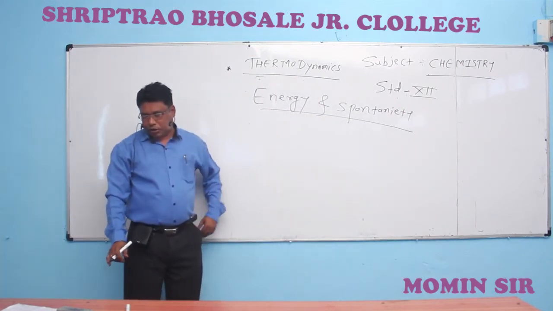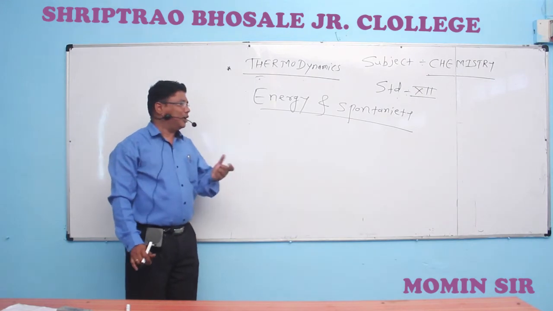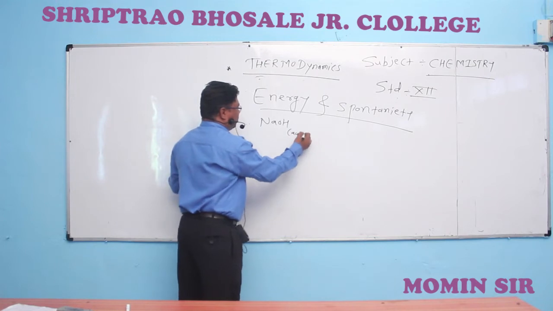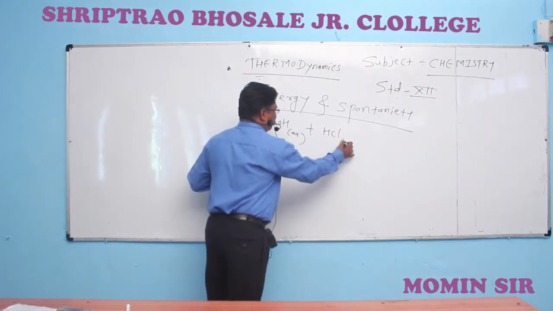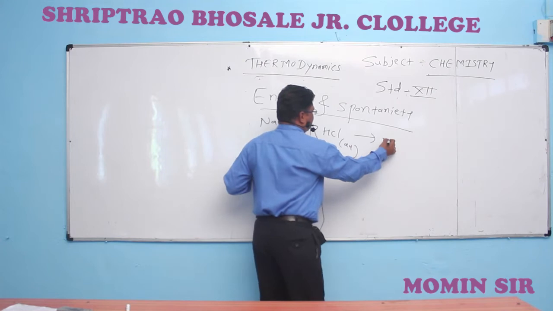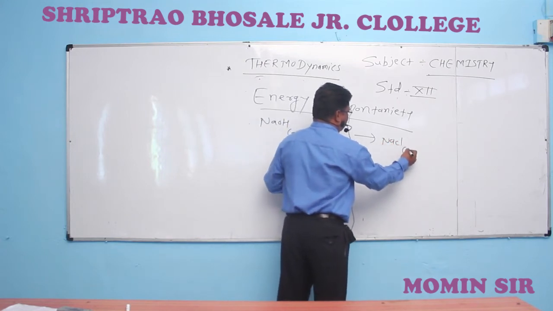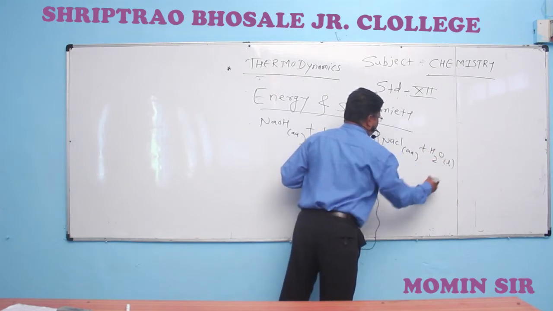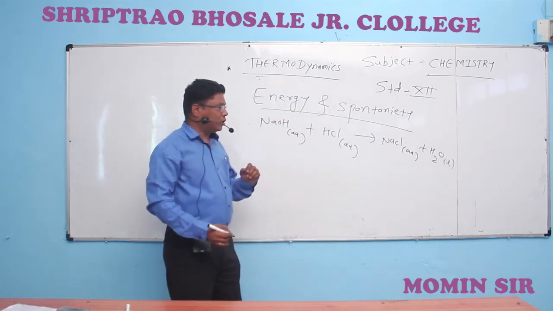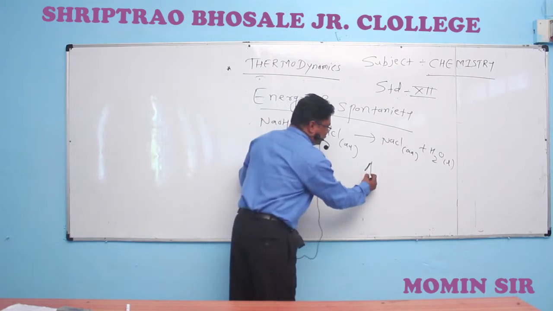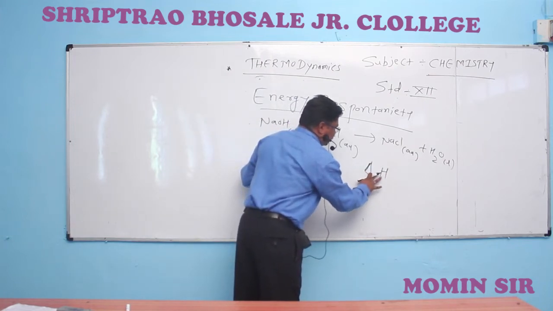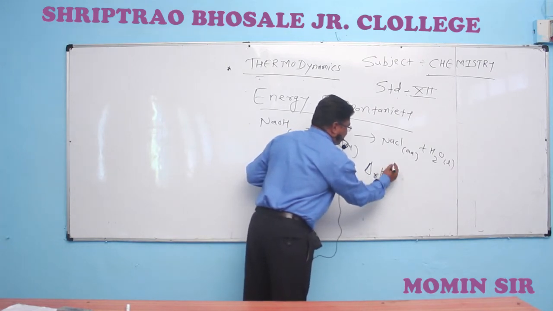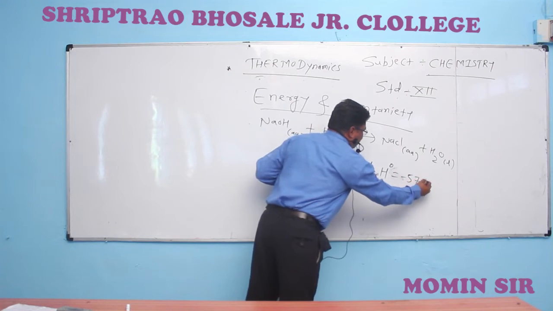So here it is important to know that just now we wrote one reaction, NaOH aqueous plus HCl aqueous gives NaCl aqueous plus H2O liquid. You know what is the standard enthalpy change of this reaction? Standard enthalpy change of this reaction is minus 57 kilojoule.